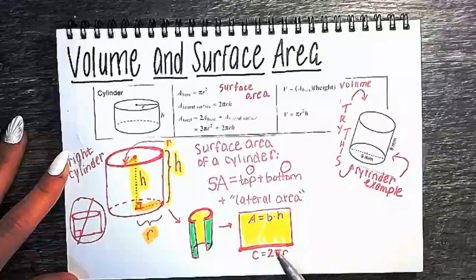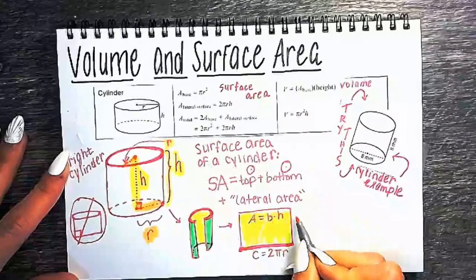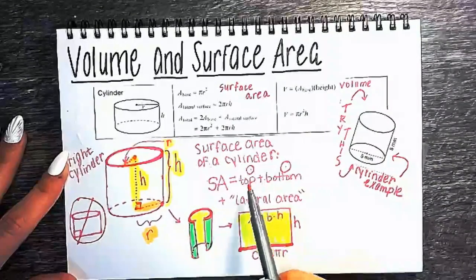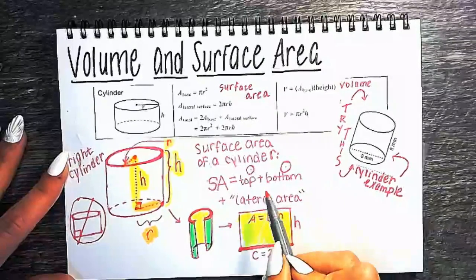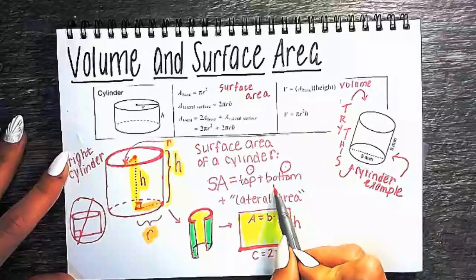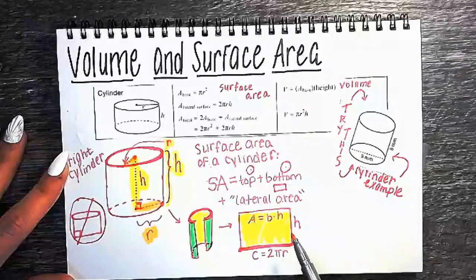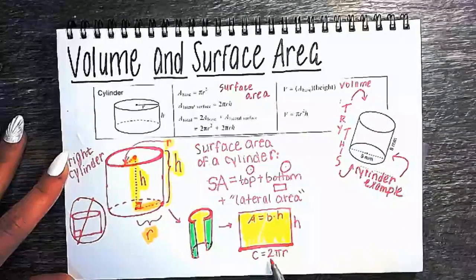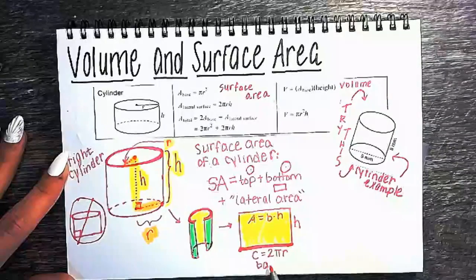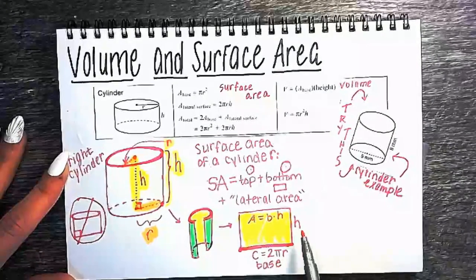This is the height, nothing too sketchy there. So we have a circle, another circle, and technically a rectangle, right? That rectangle, base times height, really becomes 2 pi r h.